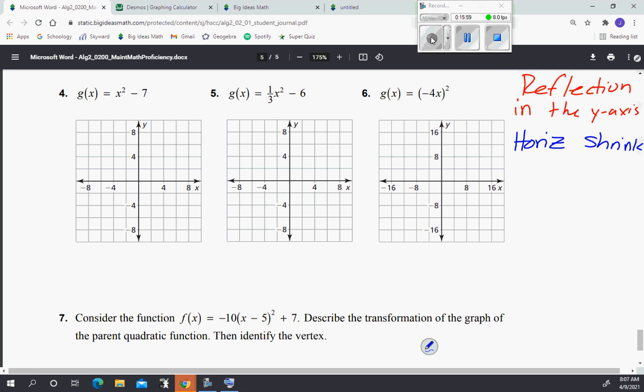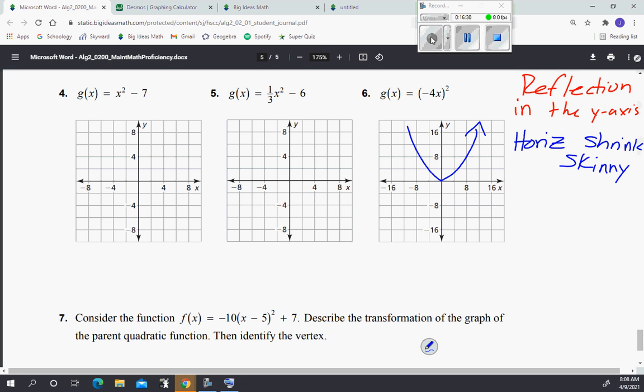Now, if you think about it, a horizontal shrink makes it skinny. It's the opposite of a vertical stretch, a vertical shrink. So a horizontal shrink makes it skinny. Now, a reflection in the y-axis, that really doesn't make any sense to me because any parabola, right?